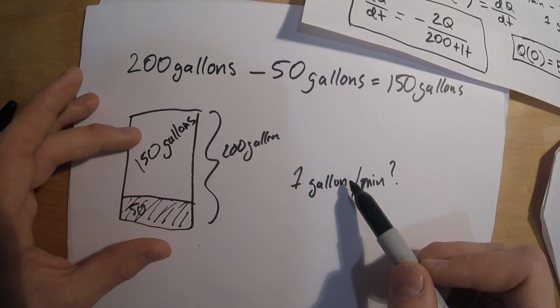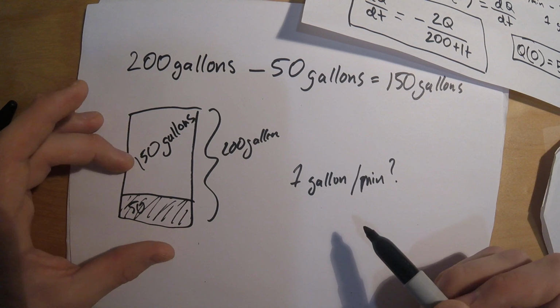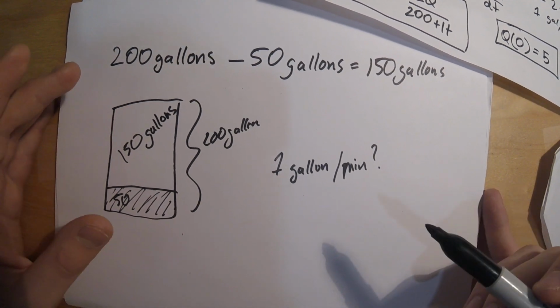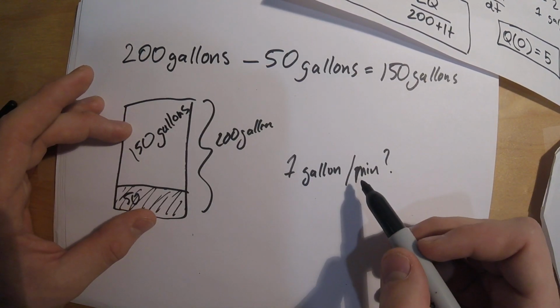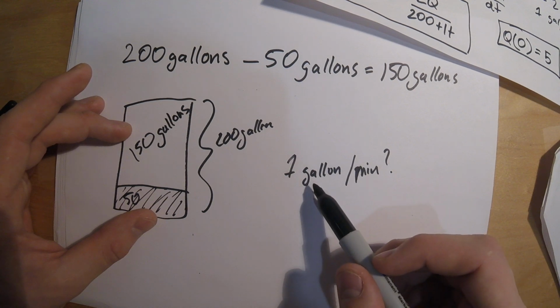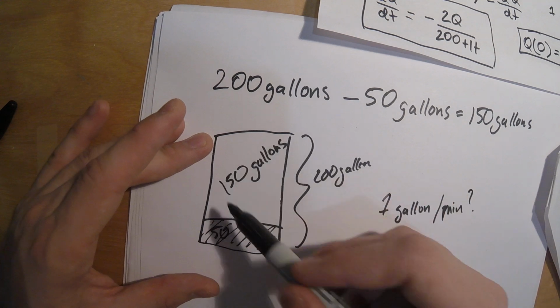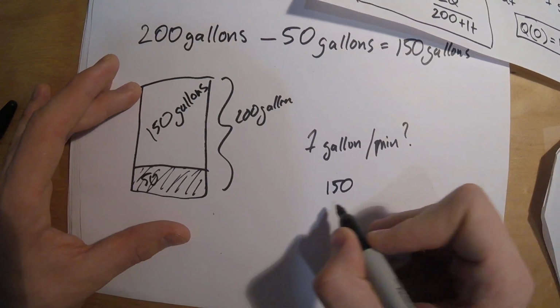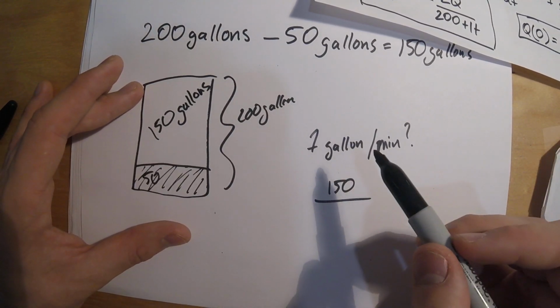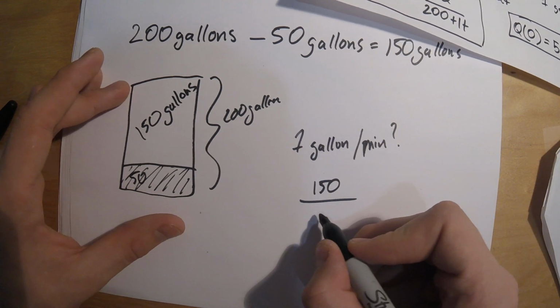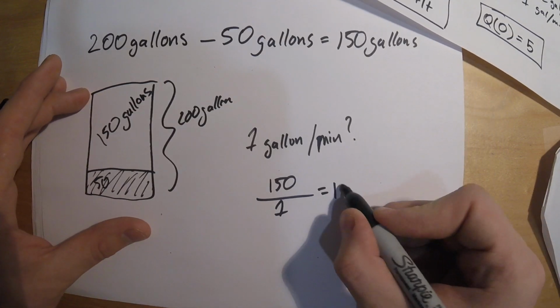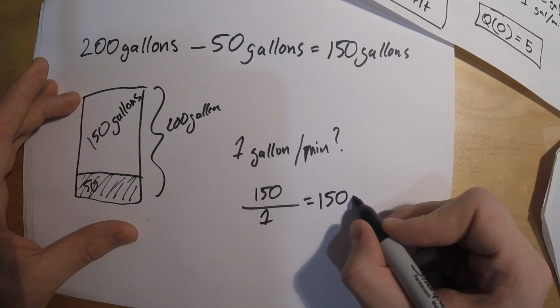After 2 minutes, there'll be 2 gallons. If you see this pattern, what I'm trying to say is that after 150 minutes, there will be 150 gallons. So we take these unoccupied space, so we take 150 divided by the rate. Okay, so we're gonna do divided by 1 equals 150 minutes.